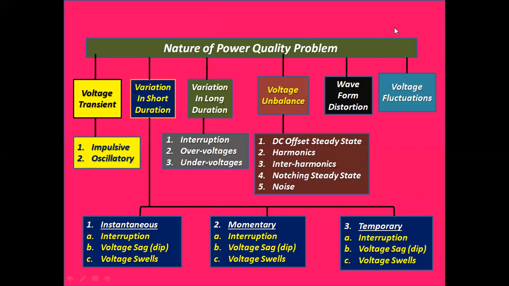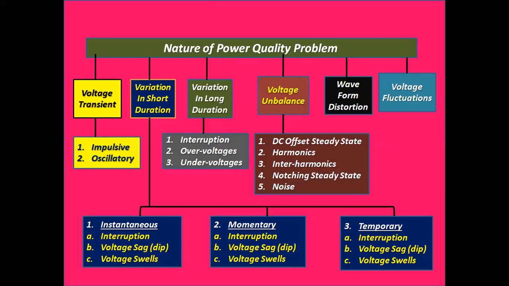Let's start with the nature of power quality problem. Power quality problem is directly linked with transformer. Now, the nature: first is voltage transient. Second, variation in short duration.